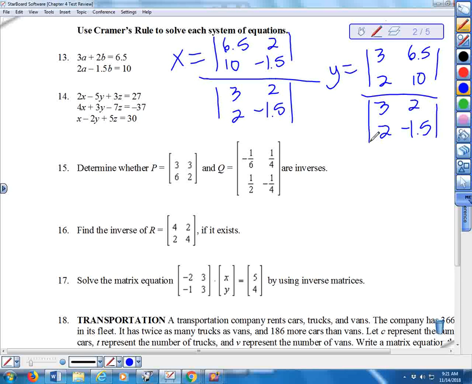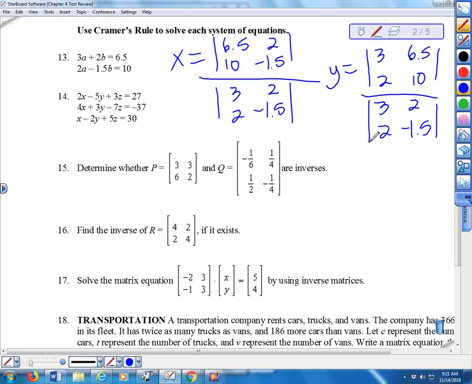Now I've got to take the determinant of, so I'm going to go matrix, math, determinant, bring in A, end parentheses, divided by, do the same thing now, matrix, determinant, C, end parentheses, enter. I get 3.5 for x.